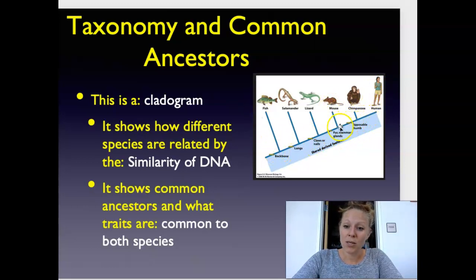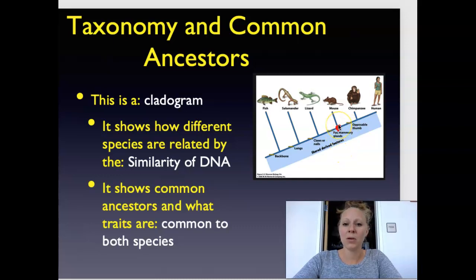So if we look here on this cladogram, so this is called a cladogram, and we put a little dot right here, and then let me put a little dot right here. So this would be a common ancestor.